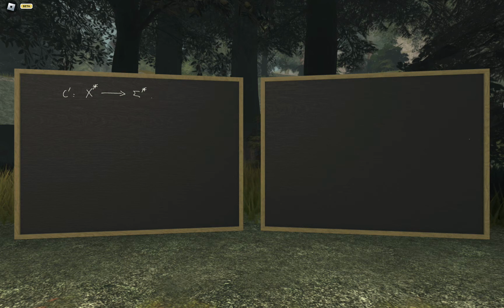So if I take a code word in the image of this C prime, we want to show that its pre-image is unique. By the definition of extension, we know this word is given by this.